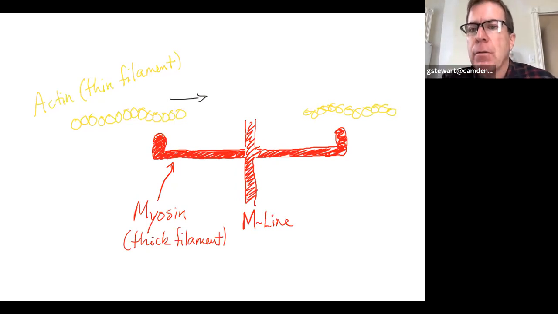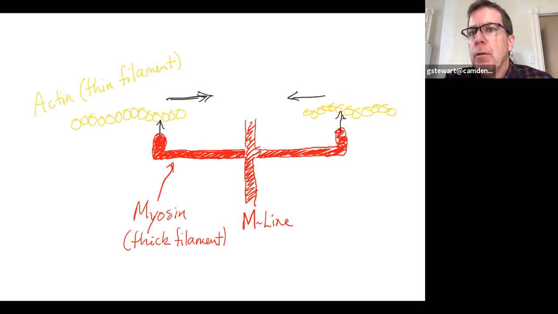So the end of this story is myosin reaches up. Let me use black. Myosin is going to reach up, grab actin, and pull it this way. Likewise, this myosin is going to reach up, grab this actin molecule, and pull it this way.